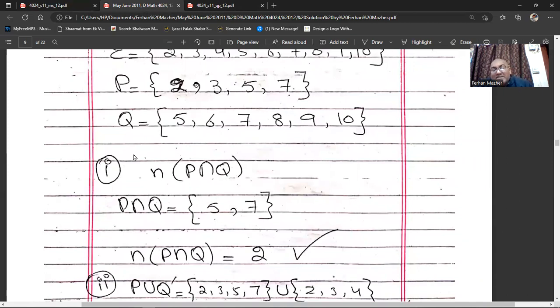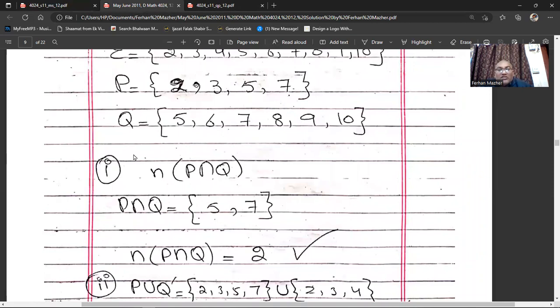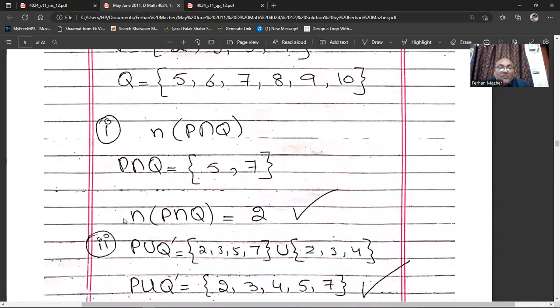In P intersection Q, we take only those members which are common to both P and Q. So they are 5 and 7. The question was how many members are in P intersection Q, so there are 2 members.